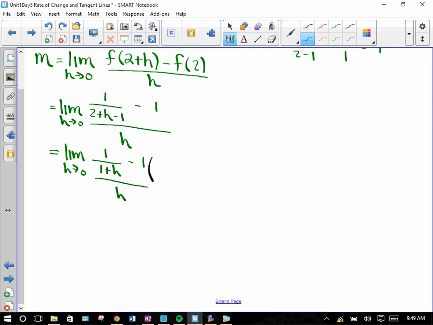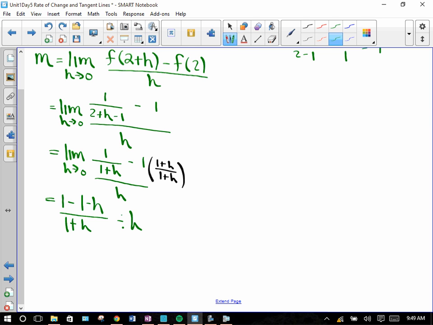I'll multiply the 1 by 1 plus h over 1 plus h. That gives me 1 minus 1 times 1 is 1, 1 times h is h, so minus h, divided by 1 plus h. That whole thing is divided by h.